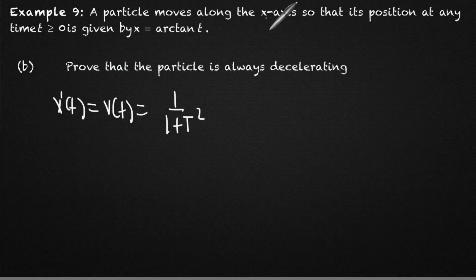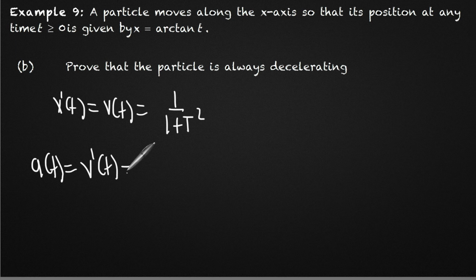Okay, now we want to prove that the particle is always decelerating. In part A, we proved that the derivative is 1 over 1 plus t squared. So now we need to find the acceleration. We've already found the velocity, so the acceleration is equal to the derivative of the velocity, which we could do with the quotient rule, but we're not going to do that. We're going to rewrite this as 1 plus t squared to the negative first power.